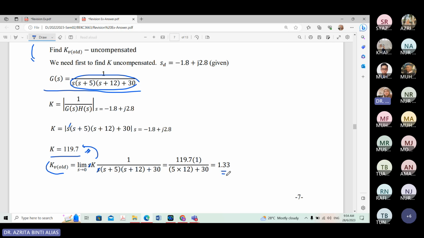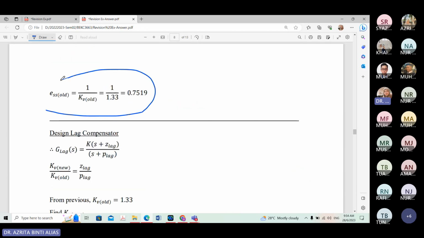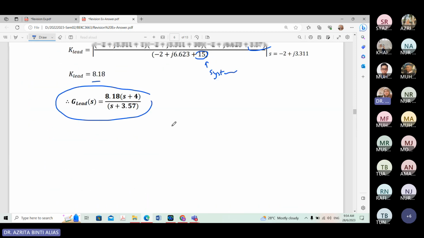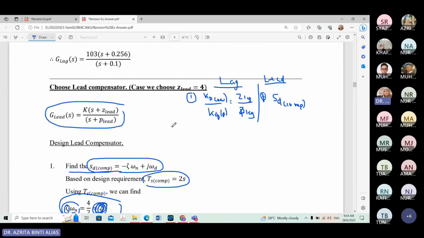So the answer for the KV is 1.33. After that, we can evaluate the ESS, 1 over KV. So that is the answer for the first question.